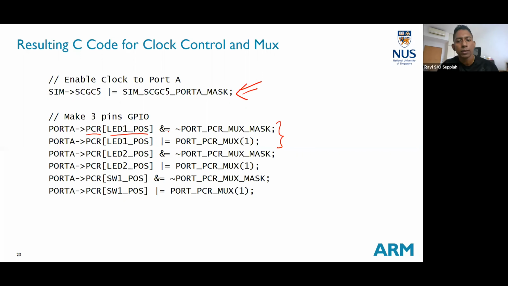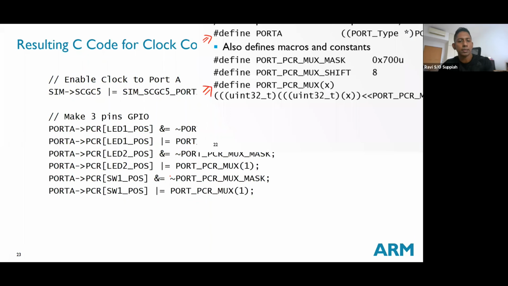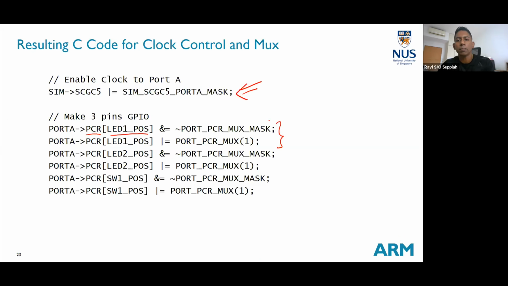And in this first line, what am I doing? I'm doing an AND with the complement of the PCR mask. What is the PCR mask? It is this. The mask is such that bits 8, 9, and 10 are 111. The rest are all zeros.